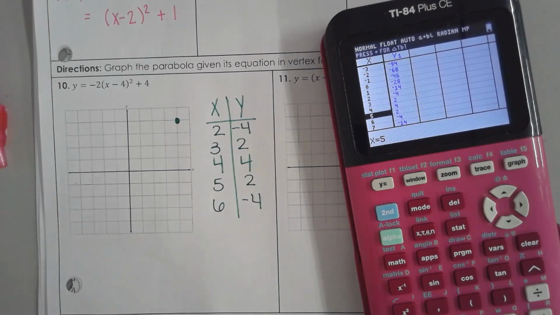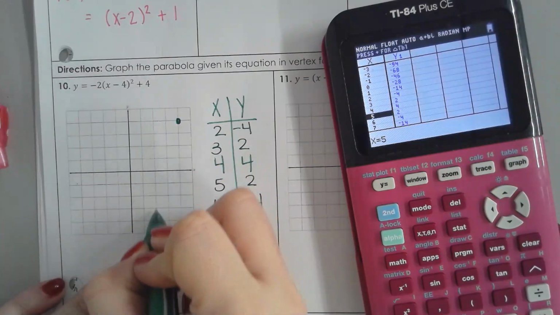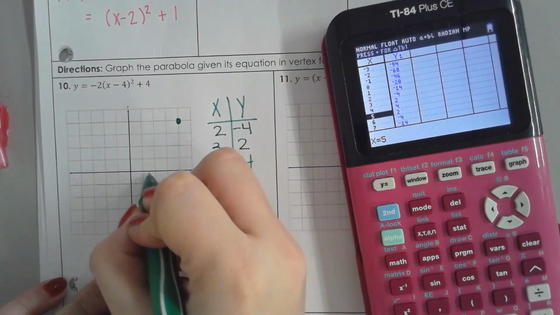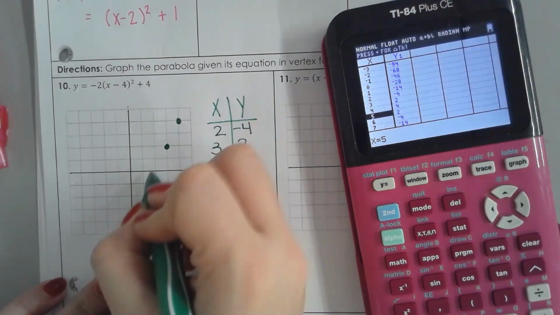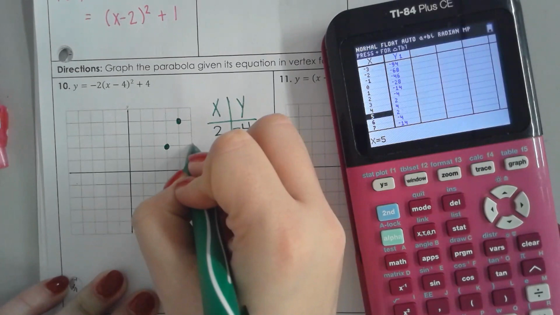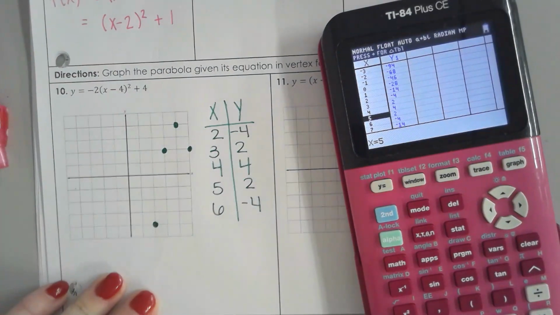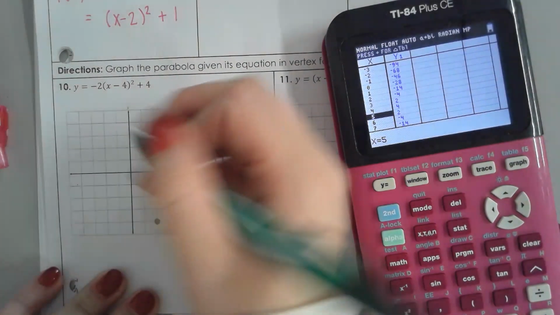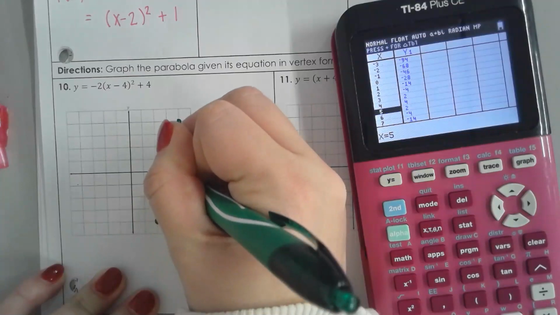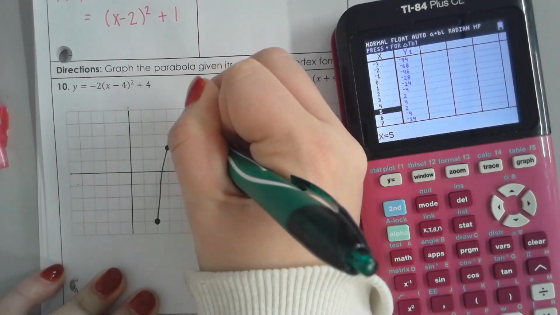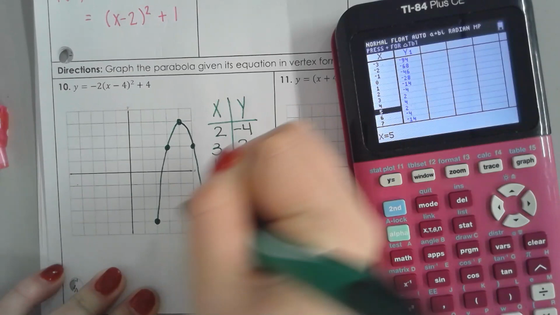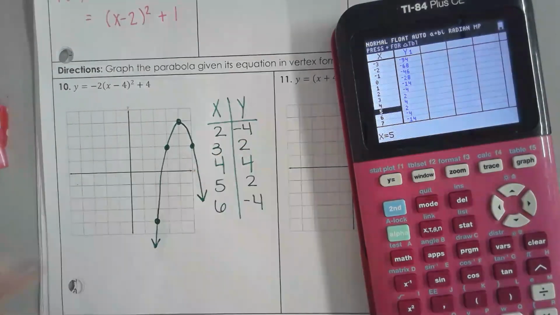Alright, so 2, -4, 3, 2, 5, 2. The 6, -4 goes off the graph. So that's what the graph looks like.